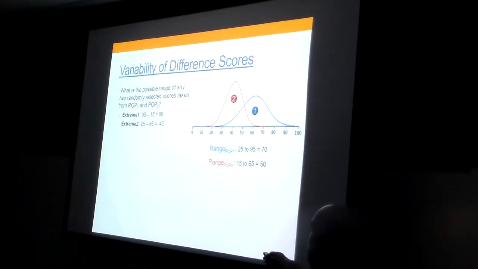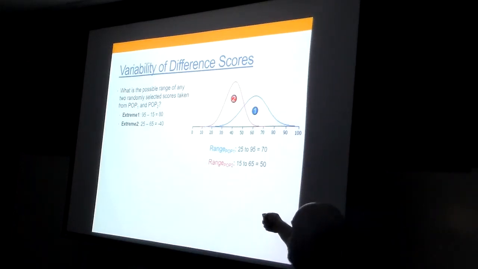But on the other extreme, I could grab the lowest person from population 1 for a score of 25, and the highest person in population 2 at 65, which gives me a range of -40.